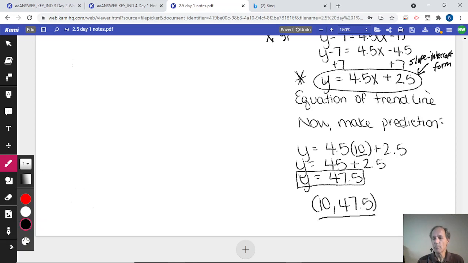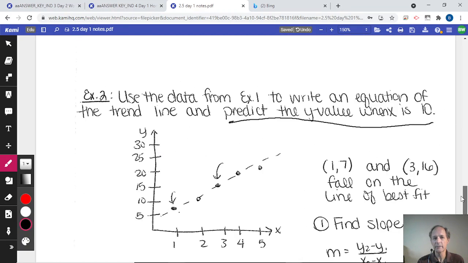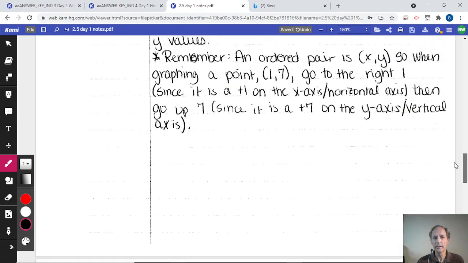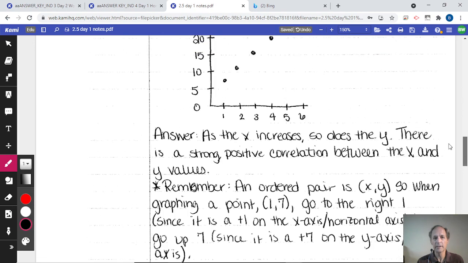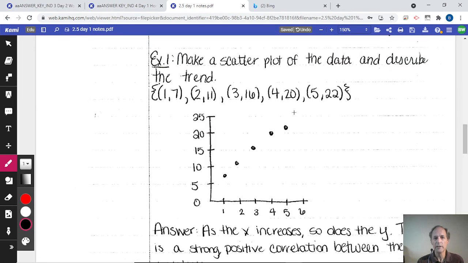Okay? So there is no point. We do not have data when x is 10. That was not in our data set, right? Because here's our original data. Data from example 1, so it's way up here. There's no point when x is 10. But if we want to know, well, according to the way these points look, what if x were 10? What if we kept going? Our biggest x value is 5.